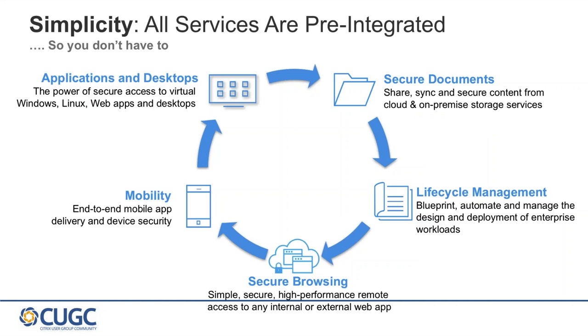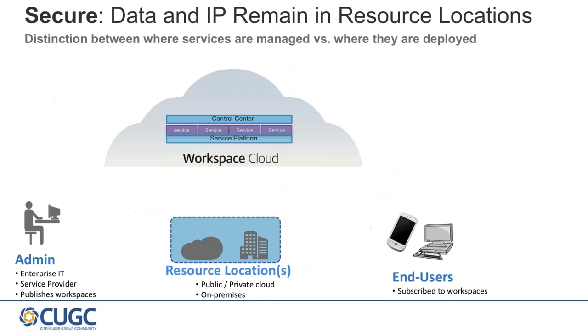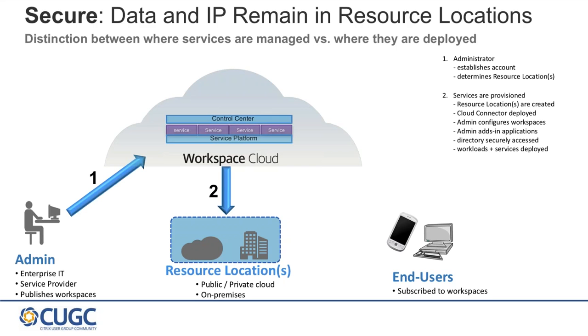So let's jump around a little bit, and I think, Jarian, this is a good thing for everybody to talk about: what do we have and how does the thing work. Today, your administrator will log into the Workspace Cloud control center. The control center will talk to your on-prem resources. You're then going to deploy a cloud connector, whatever that resource is. It can be AWS or your own data center.